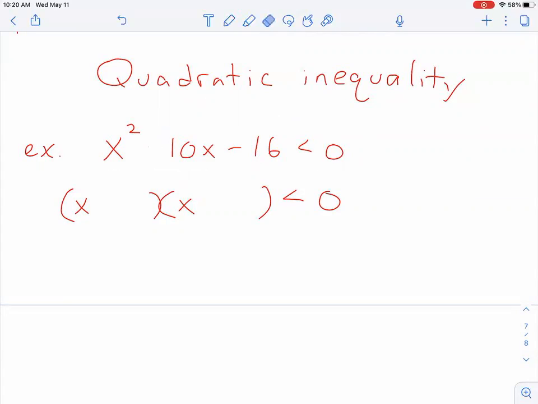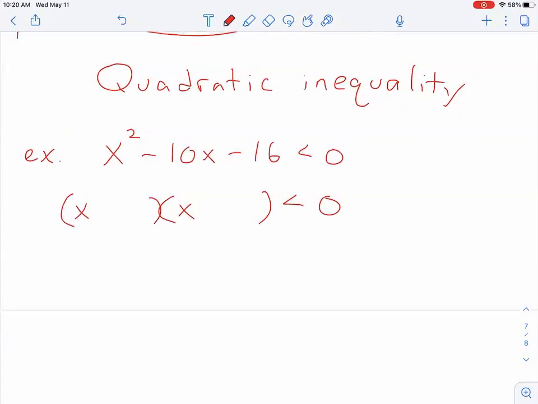It's not right either. x squared minus 10x plus 16. Sorry about that. And maybe you realize why I did that, because I wanted to make it something that factors nicely. So sorry, I changed that problem to do the quadratic inequality x squared minus 10x plus 16.